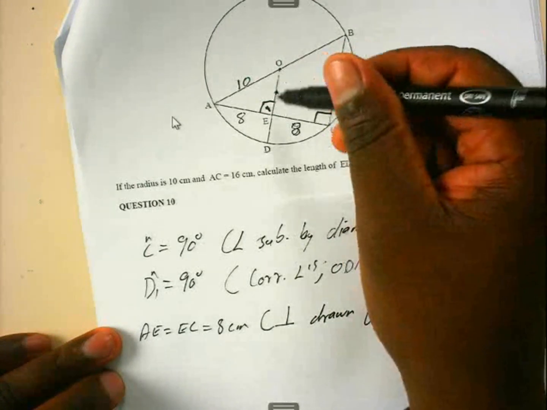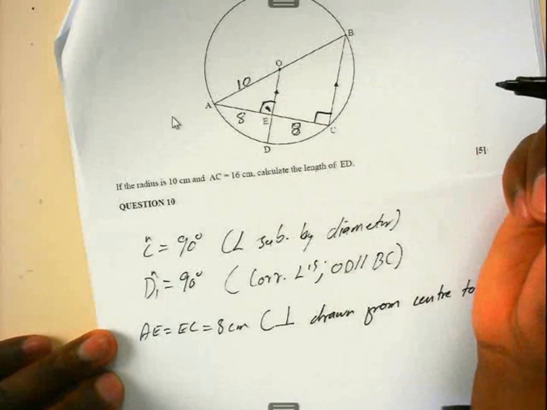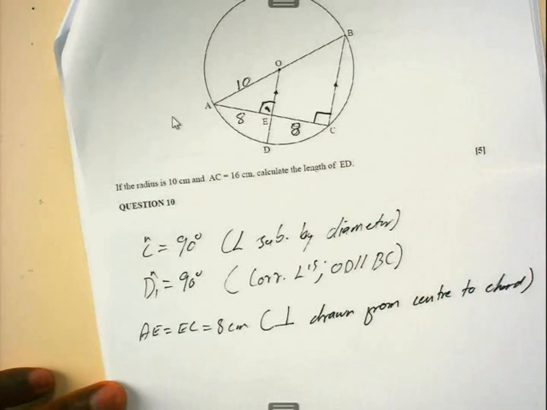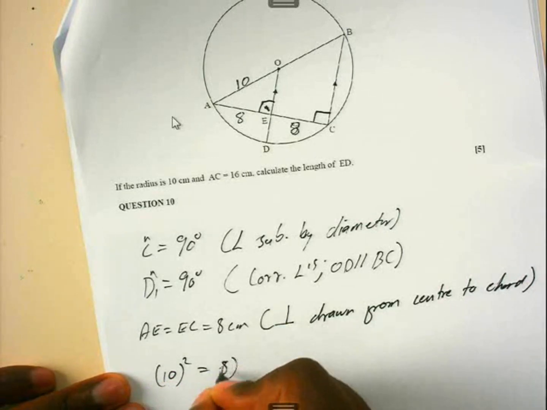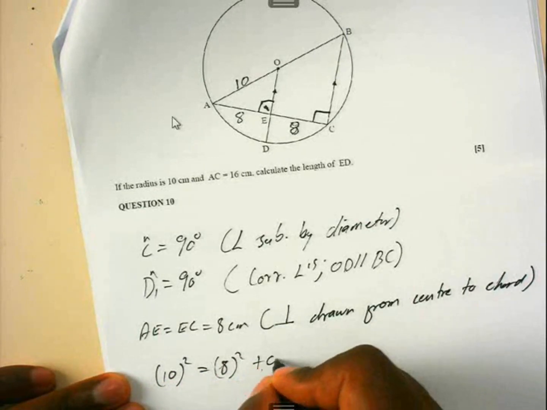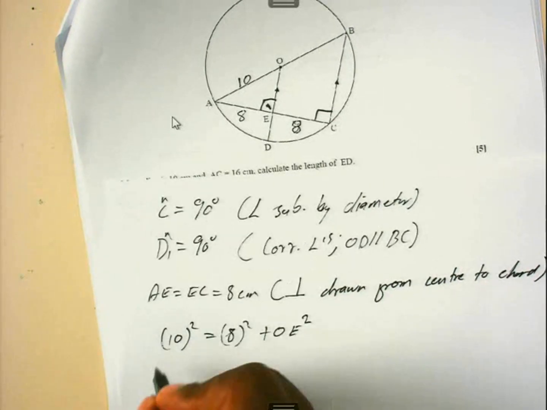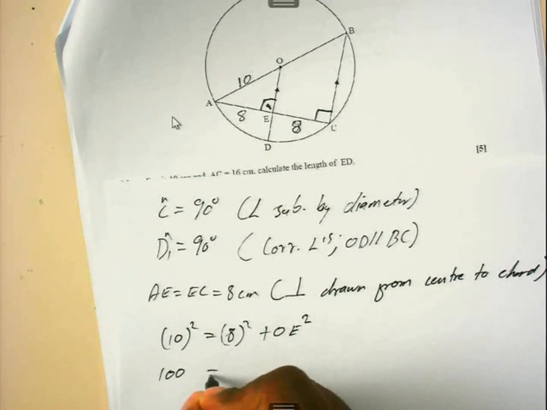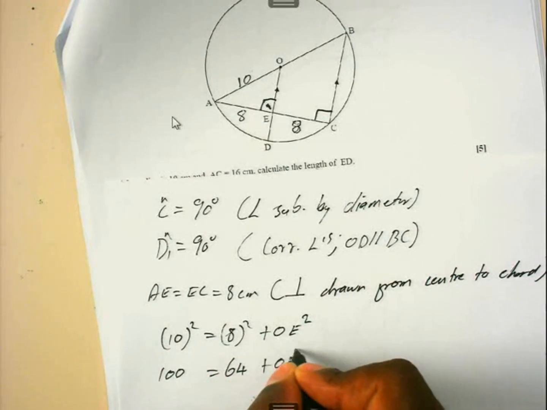Once we get OE, OD will then be equal to OA, because those are the radii. According to Pythagoras theorem, 10 squared is equal to 8 squared plus OE squared. 10 squared gives you 100. 8 squared gives you 64 plus OE squared.